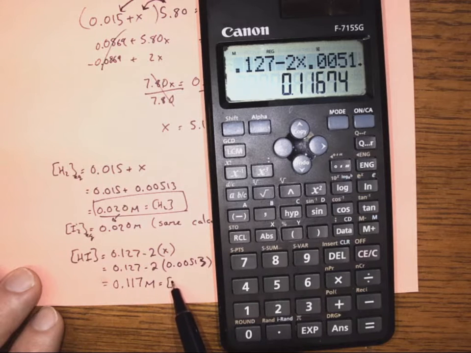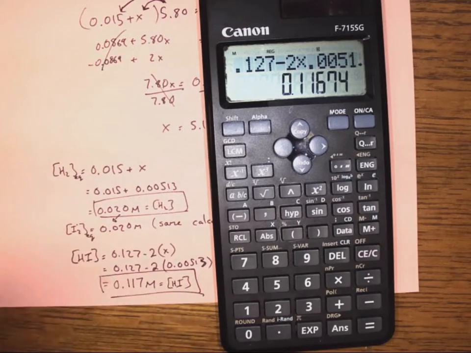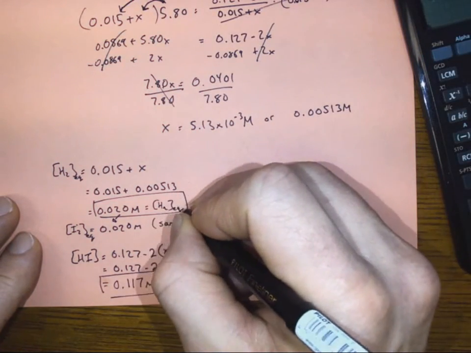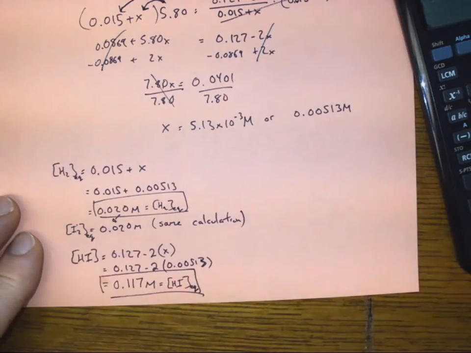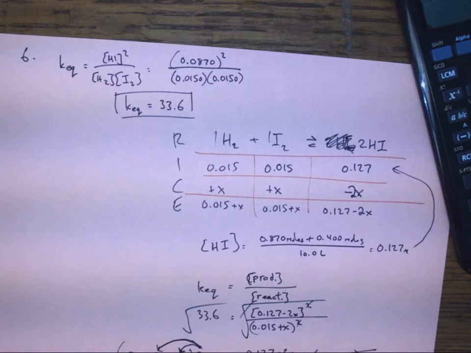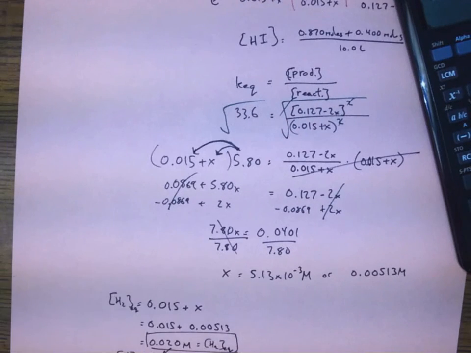And that's my concentration of hydrogen iodide at equilibrium. Okay. So that is all of our ICE table questions. All right. So let me know if you have any questions about any of these.